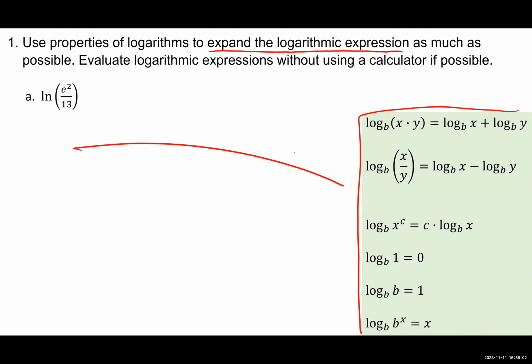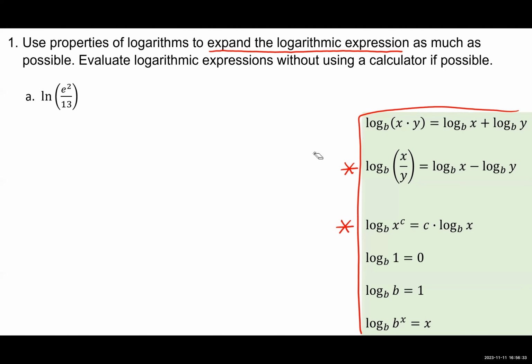If you look over here on the right, our list of log rules, which ones apply? Well, I see a fraction, so probably the fraction rule is going to apply. And I also see an exponent, so it seems like that one's going to apply as well. It's important we're doing things in the right order. It turns out in this problem we have to start with the fraction rule.